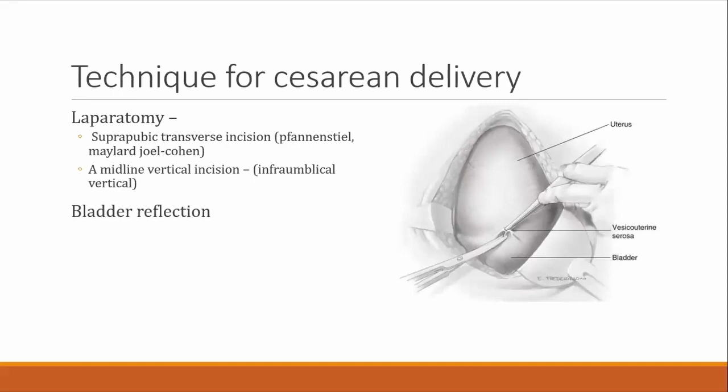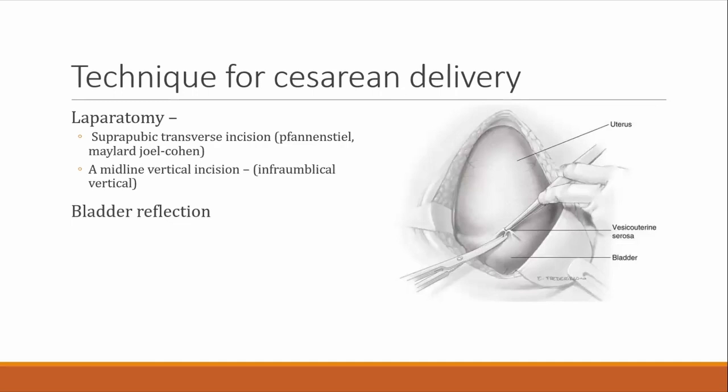So when we see the technical matters, we are usually doing the Pfannenstiel cesarean section, that is based on the laparotomy incision and the hysterotomy incision. Based on the laparotomy incision, it can be suprapubic transverse incisions. Most of the time we are using the Pfannenstiel incision, but Maylard and Joel-Cohen are also being used. And the midline, it can be an infraumbilical midline or vertical incision.